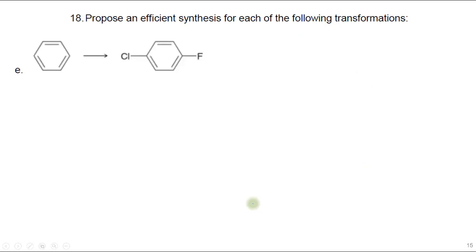All right, here we're going for a para-chlorofluorobenzene. And fluorine we can only add using HONO, or the azide compound. So chlorine is an ortho-para director, so I'm going to add that one first. Add my nitro group.